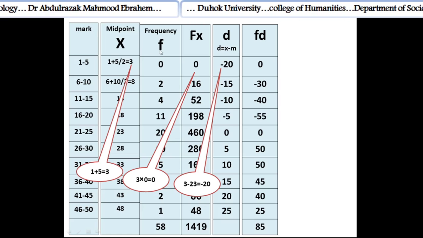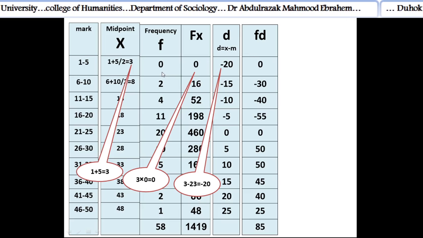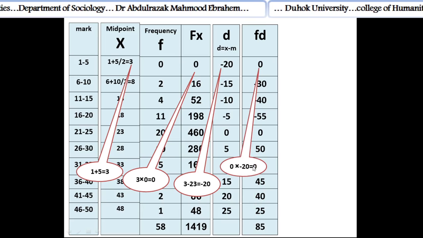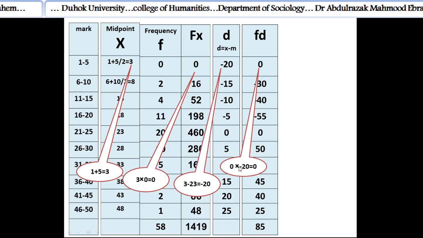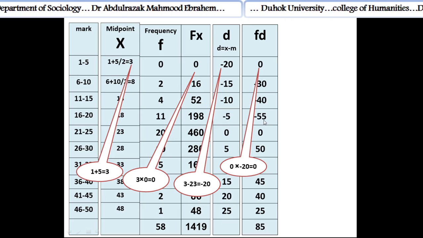From frequency, F, and D from the fifth column. 0 multiplied by minus 20 equals 0, and 2 multiplied by minus 15 equals minus 30. 4 multiplied by minus 10 equals minus 40. 11 multiplied by minus 5 equals minus 55, and so on.